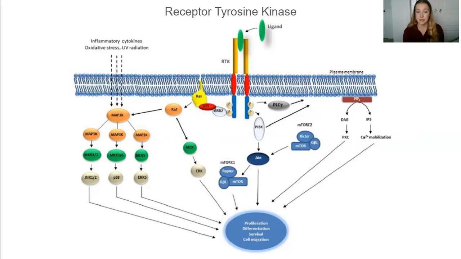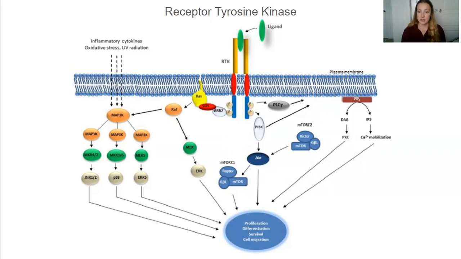Receptor tyrosine kinases have similar base structures with an amino acid terminal, an extracellular domain, an intracellular tyrosine kinase domain, and then a tyrosine-rich carboxy terminal, as well as a juxtamembrane region.